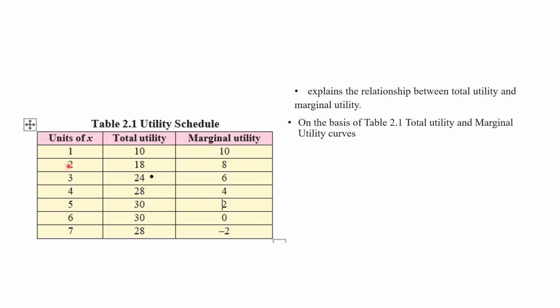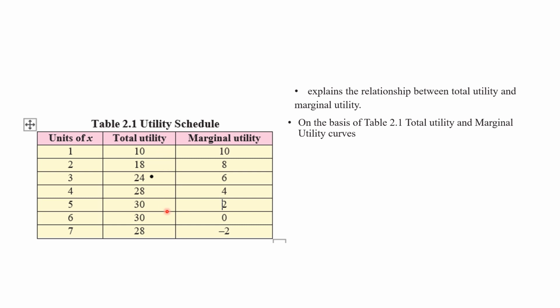On the first apple, what is the total utility I arrived at? In the last video, we saw that utility cannot be measured in that way, but if it is measured, it is a hypothetical concept, and it can be measured by giving numbers, that is cardinal measurement.